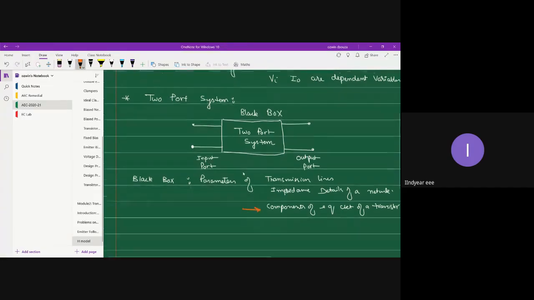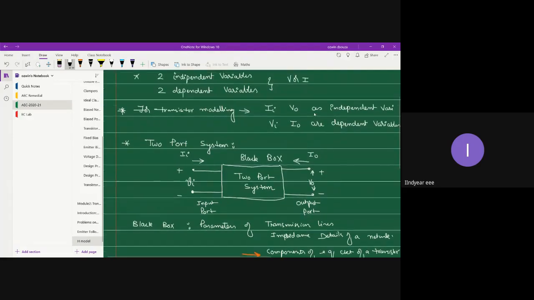Now let us mark the variables. On the input port, you will have input voltage and an inward input current. On the output side, you will have output voltage V0 and an inward output current I0. That's what I was talking about in the beginning.